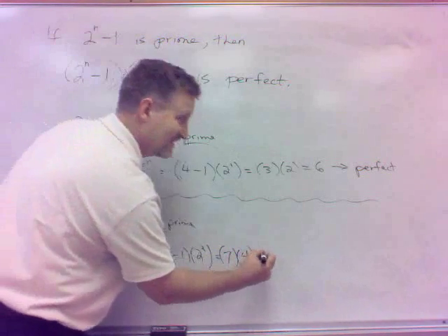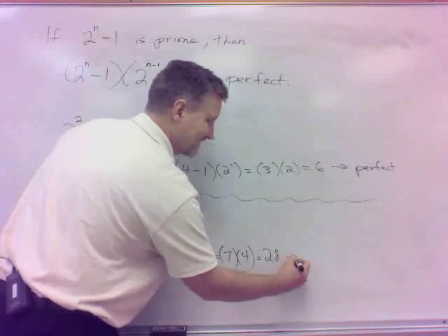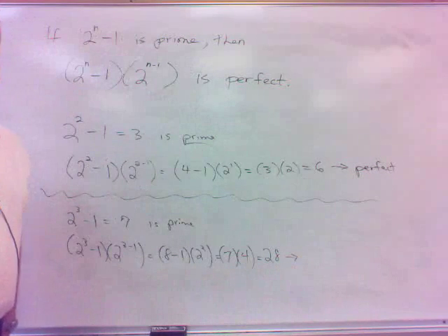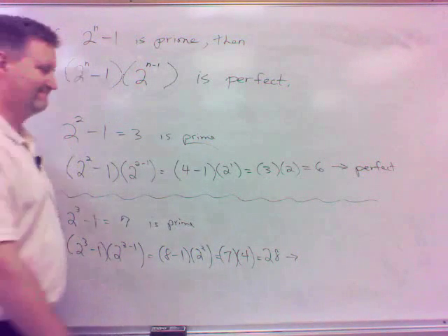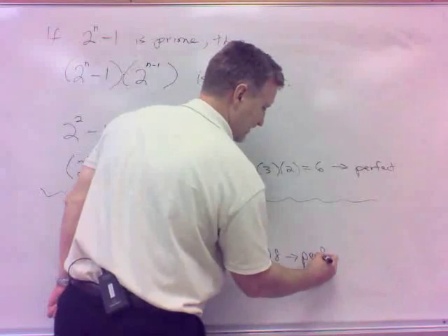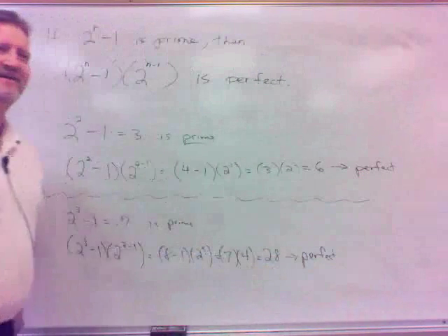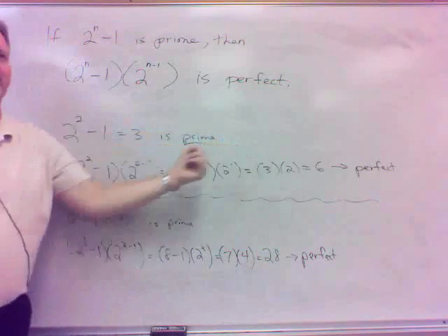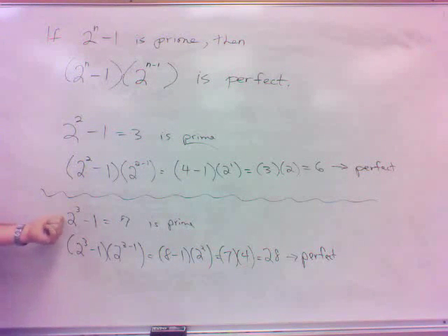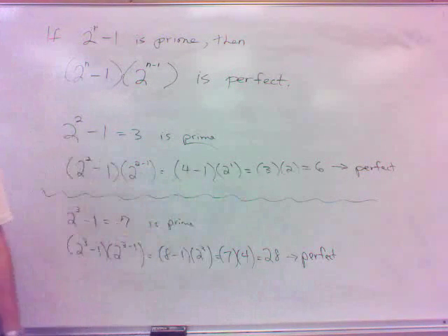So that's 28. Is 28 perfect? Yep. That was the second perfect number. The first Mersenne prime gave us the first perfect number. The second Mersenne prime was 7, and it gave us the second perfect number.